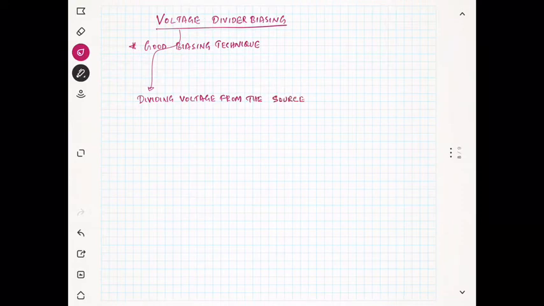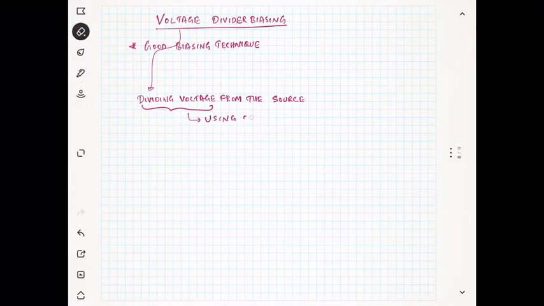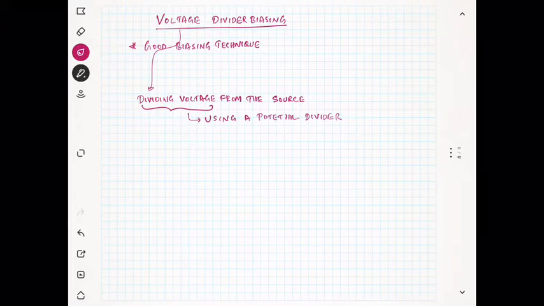The voltage division is done by using a voltage divider, that is, a potential divider. So this is how we are dividing the voltage.